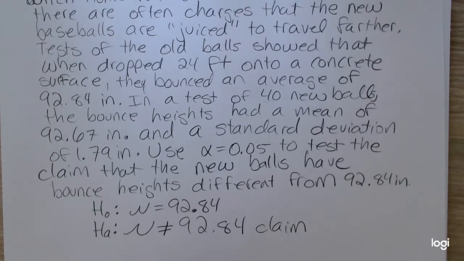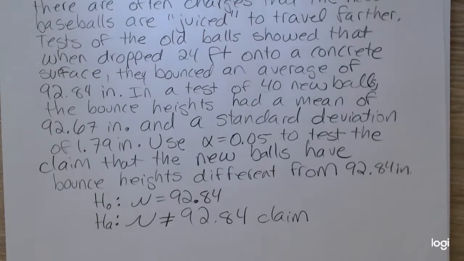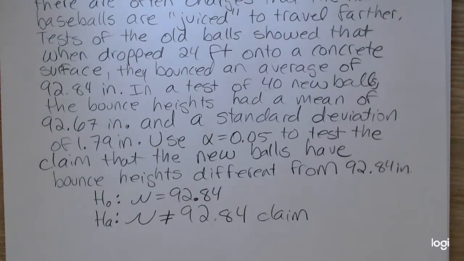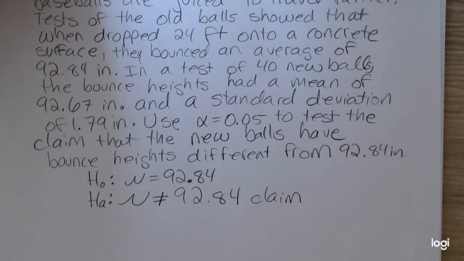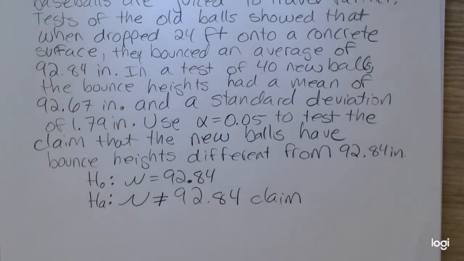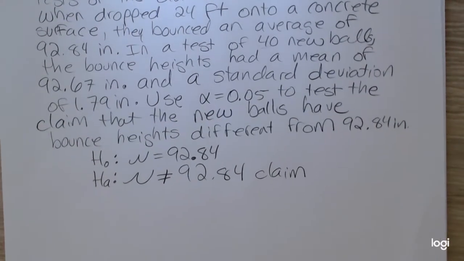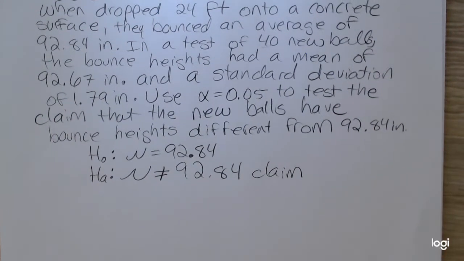Just remember that the case of equality always belongs in the null. Because the population standard deviation is not known, and we're testing the mean, and we're given a sample size more than 30, the conditions are met to use a t-test.